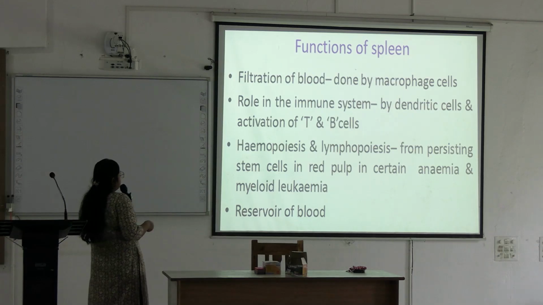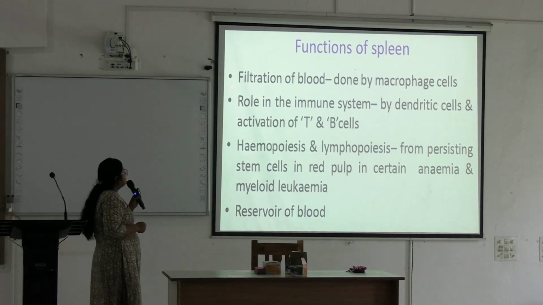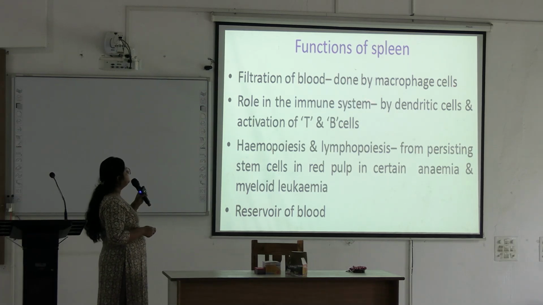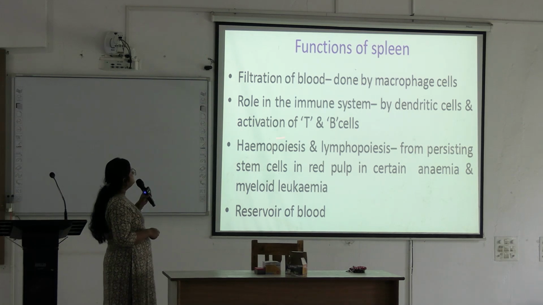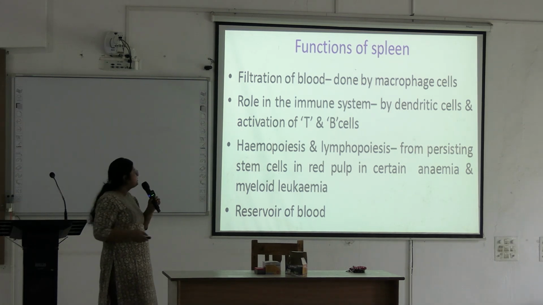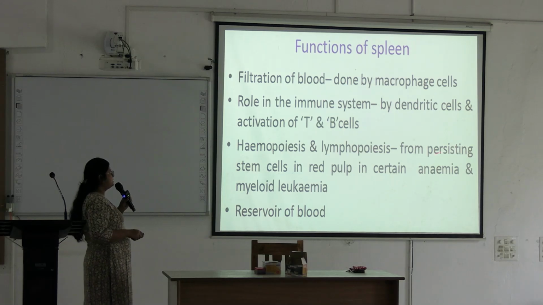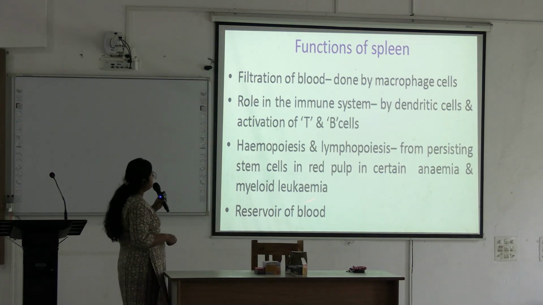So what will be the function of spleen? It helps in filtration of blood done by the macrophage cells. It has a role in immune system by the dendritic cells and activation of T and B cells, and it helps in hemopoiesis and lymphopoiesis from the persisting stem cells in the red pulp in certain anemia and myeloid leukemia.